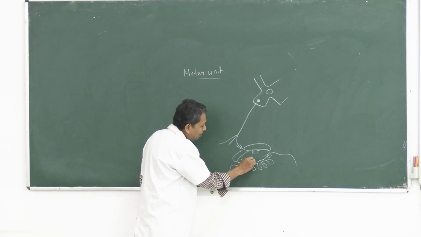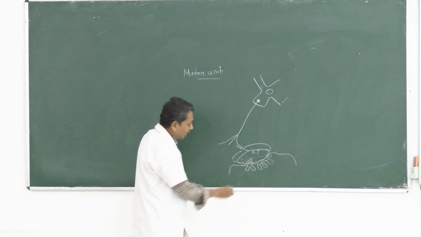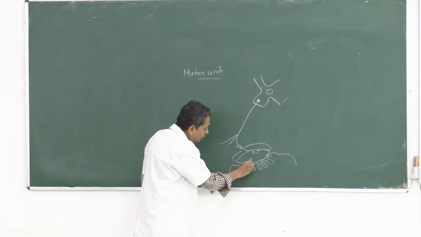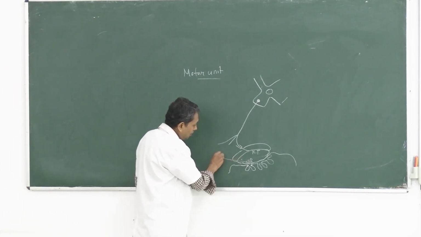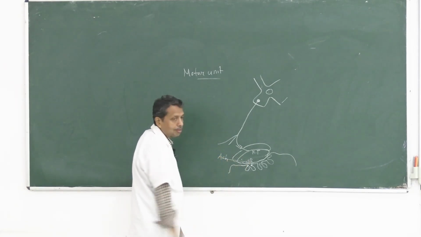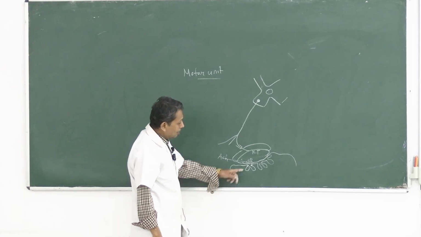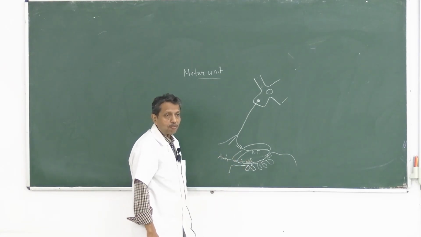These vesicles contain acetylcholine, which combines with the receptors at the junctional fold. Acetylcholine comes into the synaptic cleft.